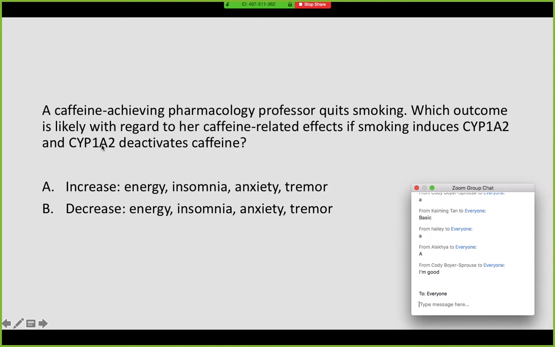A caffeine-addicted pharmacology professor quit smoking. Which outcome is likely with regard to caffeine-related effects if smoking induces CYP1A2 and CYP1A2 deactivates caffeine?